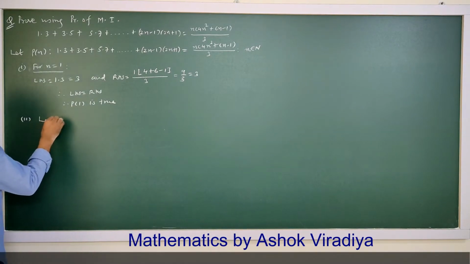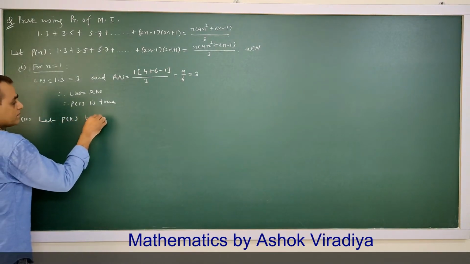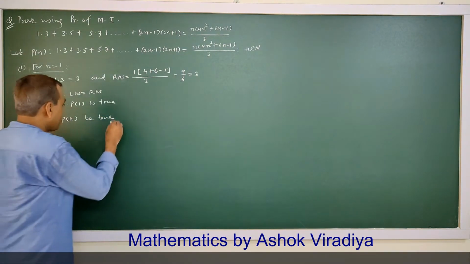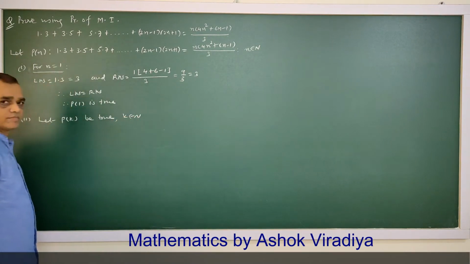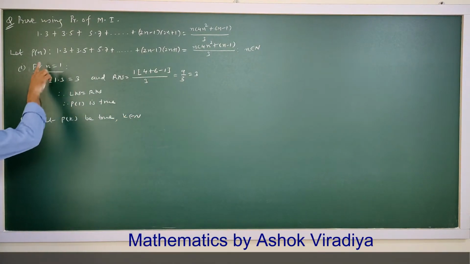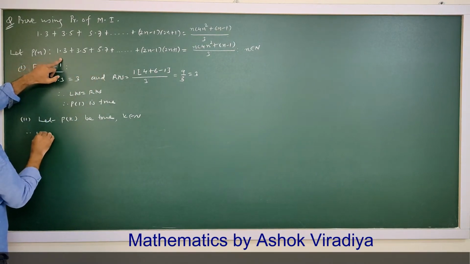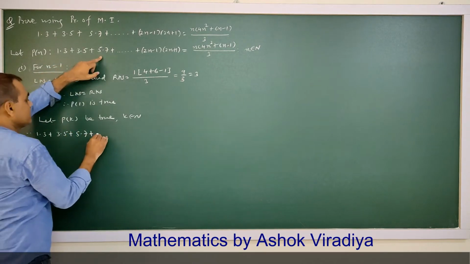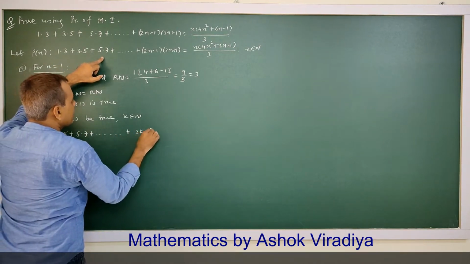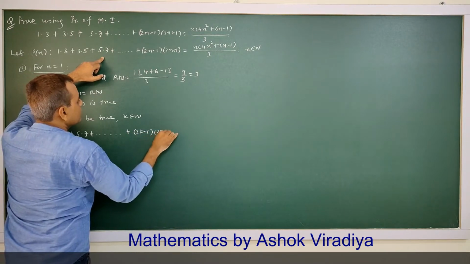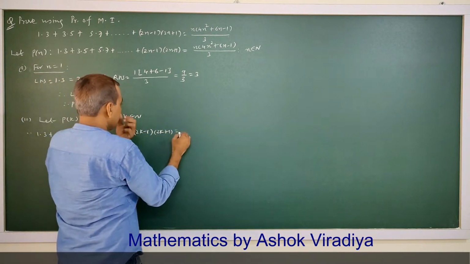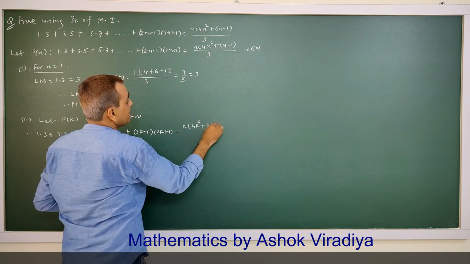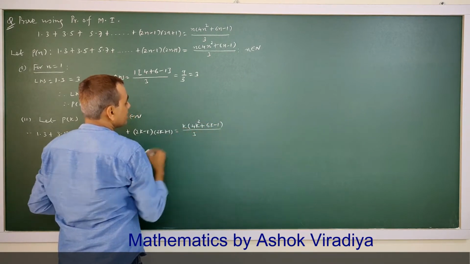So let P of k be true, that we accept without proof, where k belongs to N. So putting here n equal to k, the statement is 1 into 3, 3 into 5, 5 into 7 plus (2k minus 1) into (2k plus 1) equals k into (4k square plus 6k minus 1) upon 3.